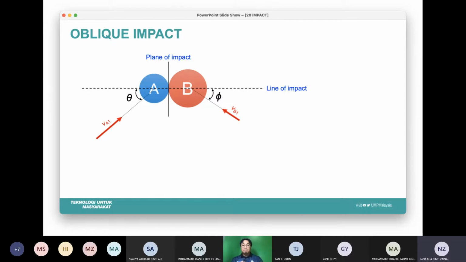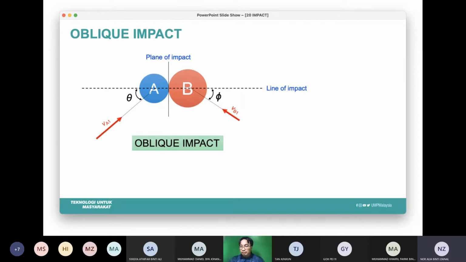Tadi central impact, the velocity direction is exactly on the line of impact, whereas for oblique impact, the line of velocity is not on the same line as the line of impact. Kalau you tengok dekat sini, VA1 dekat bawah pointing ke atas kanan, whereas VB1 dekat bawah pointing ke atas kiri. This is called oblique impact, dan dia normally akan berada dalam angle.